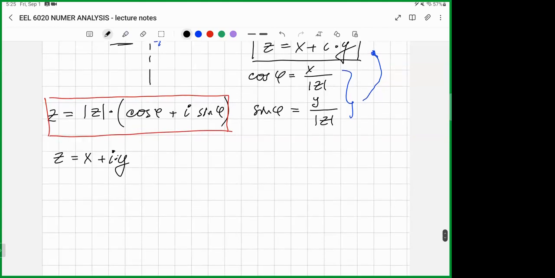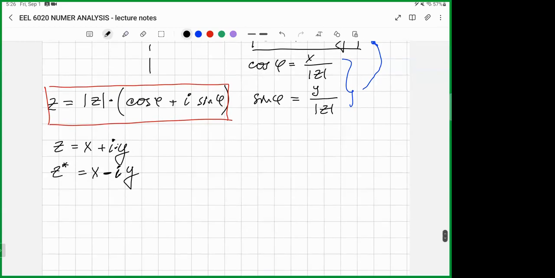We introduce the counterpart to this number, which we call the complex conjugate, or just the conjugate number, z star, and it's equal to basically the same, but up to the change of the sign before the imaginary unit, i y.